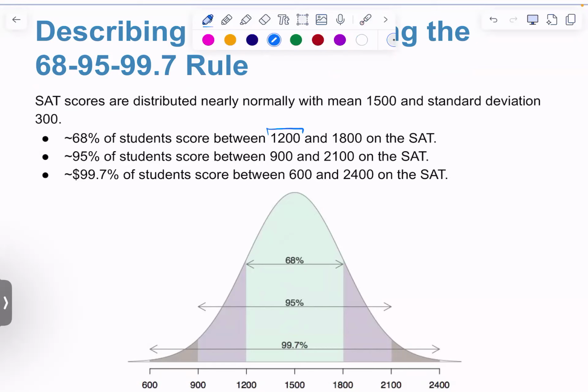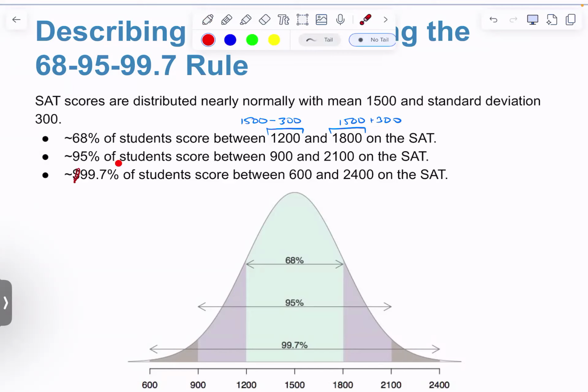This 1,200 is 1,500 minus 300. And this 1,800 is 1,500 plus 300. So then we would say that roughly 68% of students score between 1,200 and 1,800 on the SATs. I don't know why there's a dollar sign here. Shouldn't be.